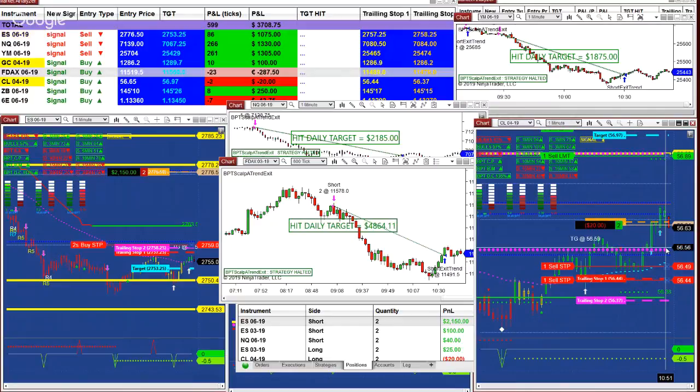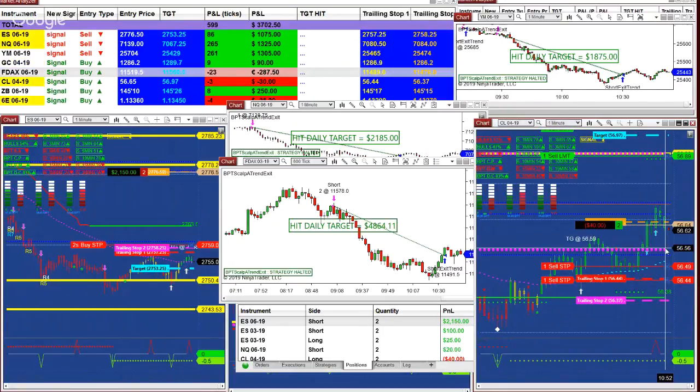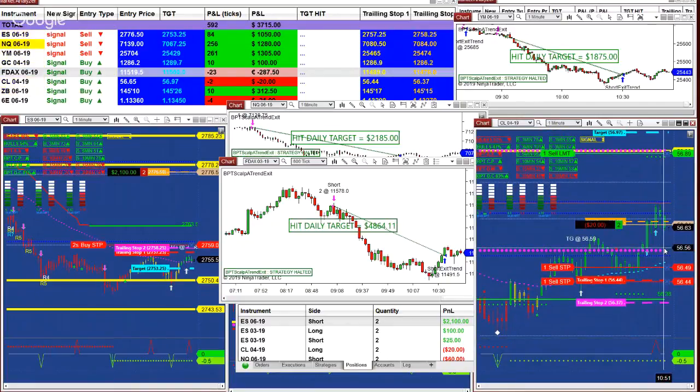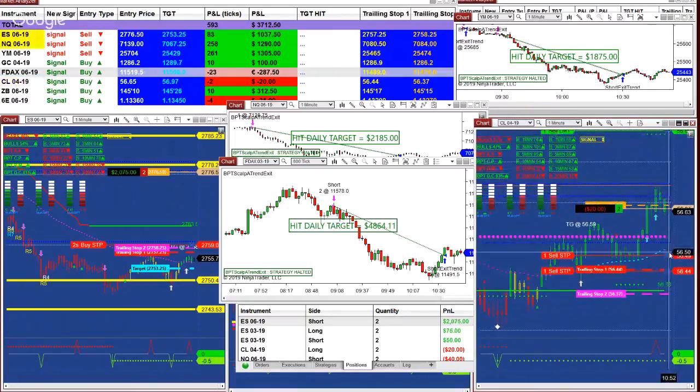Here's the trick why. If you are taking a trade from 56.59 or taking the trade from 56.56, this is the same stop loss.